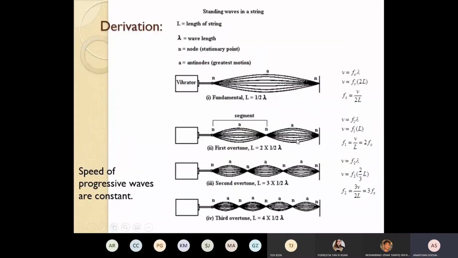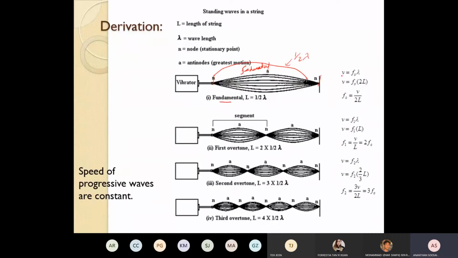So these are the formulas you have to remember. When there is a fundamental, the length from node to node is how many wavelengths? This is considered half a wavelength.